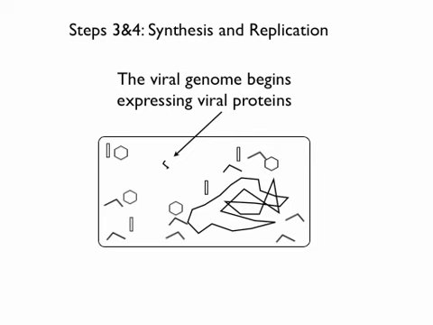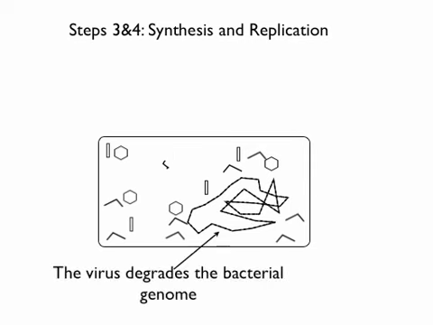We talked about this a little bit on Monday when we talked about generalized transduction, because generalized transduction involves the replication of phages. So the virus sort of degrades the bacterial genome, cuts it into a bunch of different pieces. And there's going to be a bunch of little pieces sort of left, but I took them away because unless you're talking about transduction, they don't get involved in this process.